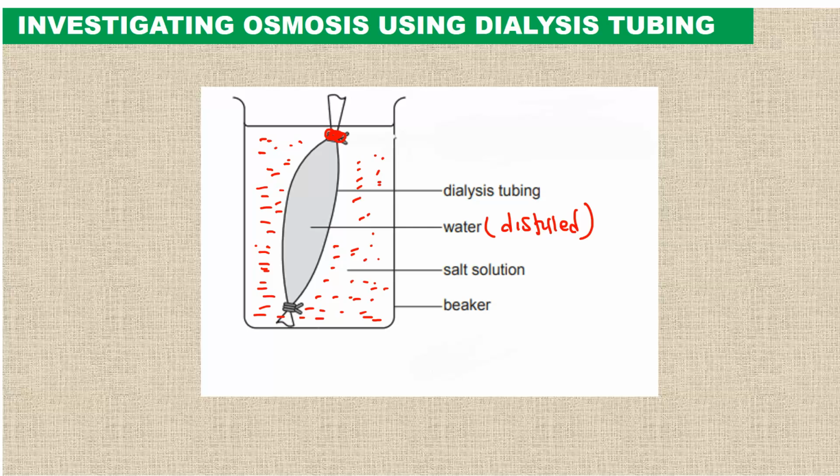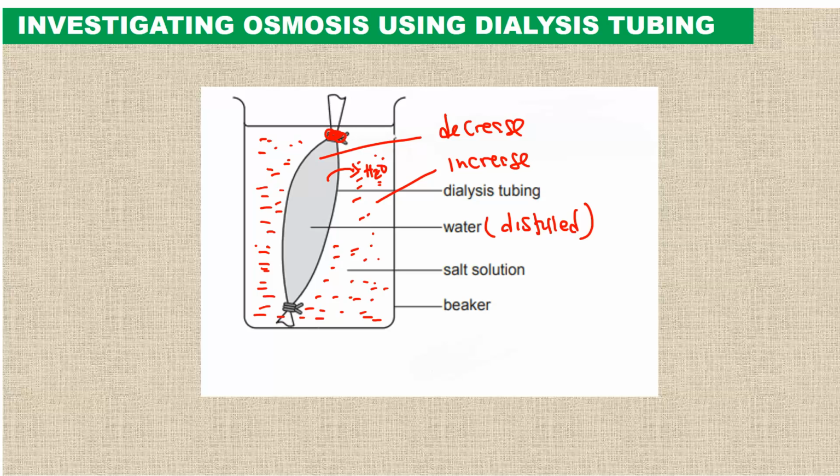We have more water inside than outside. So we are going to see water move to the outside, causing the volume of the dialysis tubing to decrease, and the volume of the sugar solution outside to increase. These are the things that you expect to find in terms of the question.